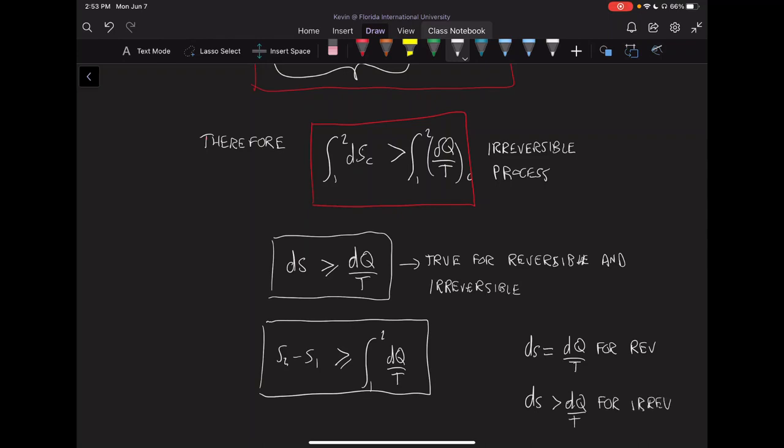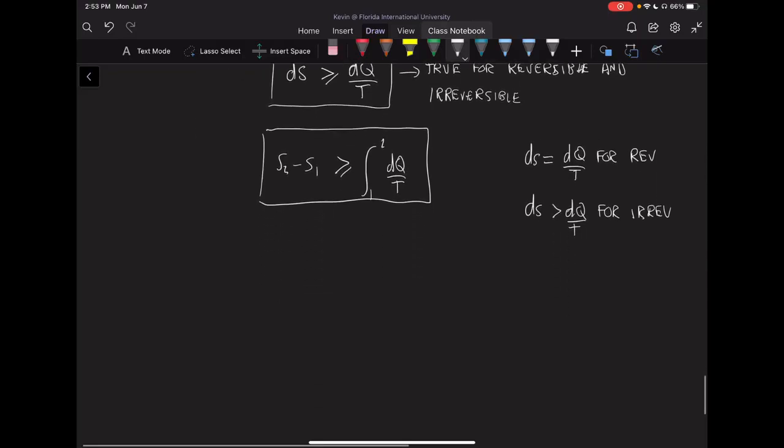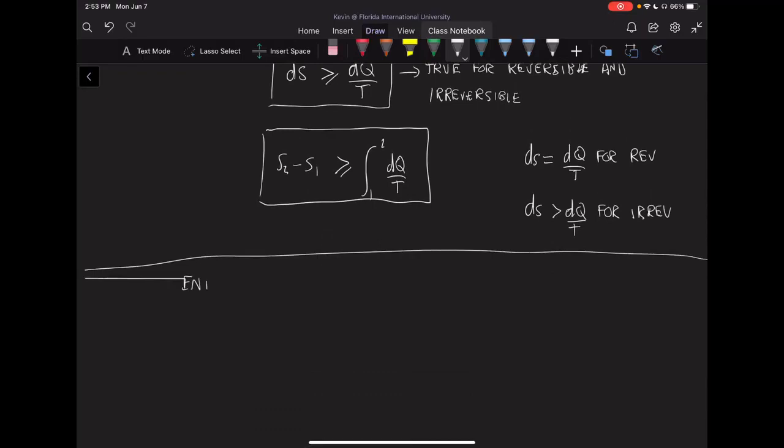So what we've been able to do with this little derivation here is to prove that our entropy for an irreversible process is equal to dq over T plus another value. Okay, and this other value is what we're going to call the entropy generation. And this is our next part.